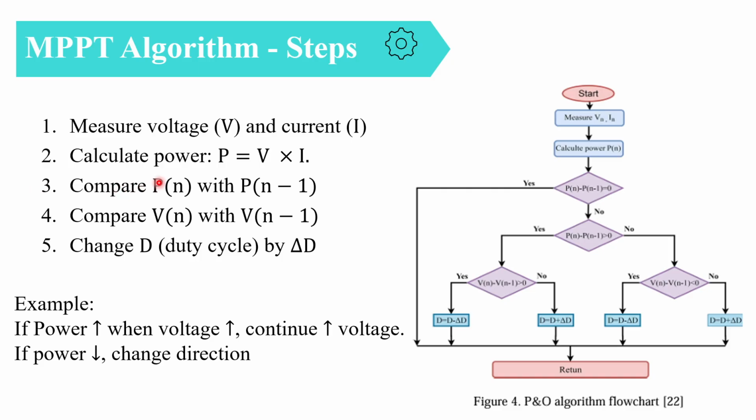We compare power with previous power, voltage with previous voltage, and we change the duty cycle by delta D. For example, if power increases when voltage increases, we should continue to increase the voltage, and if power decreases, we must change direction. And we change voltage by adding or subtracting delta D from D.